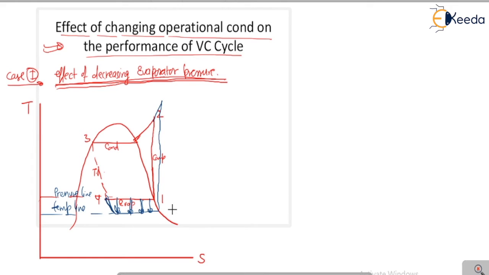So my dear friends, in the first condition, the refrigeration effect, because this is the region from where heat is extracted, that means QE, covers this length.